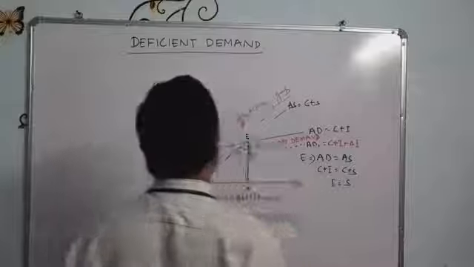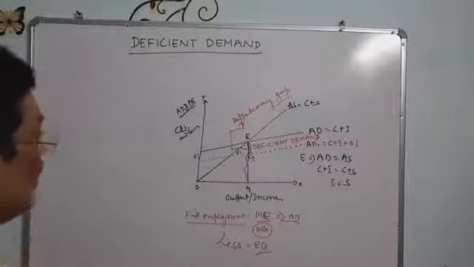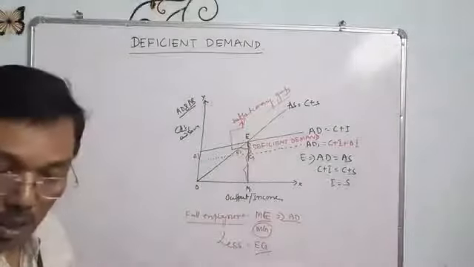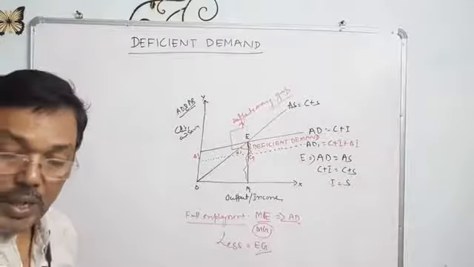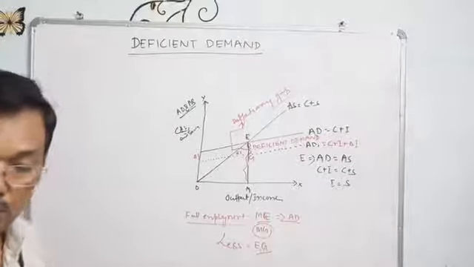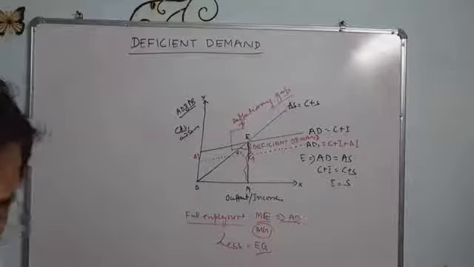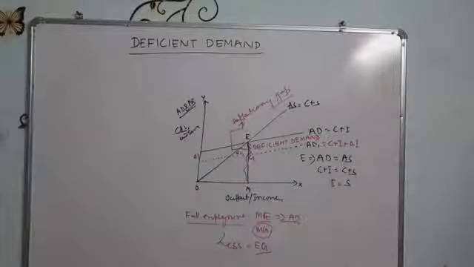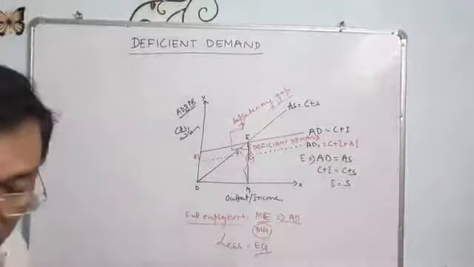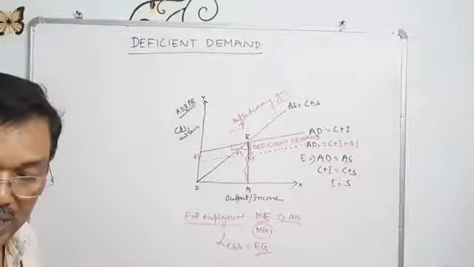Now it is clear what we mean by deficient demand. Again I repeat. As per the book language, aggregate demand is for a level of output less than the full employment level, then that situation of deficient demand exists.